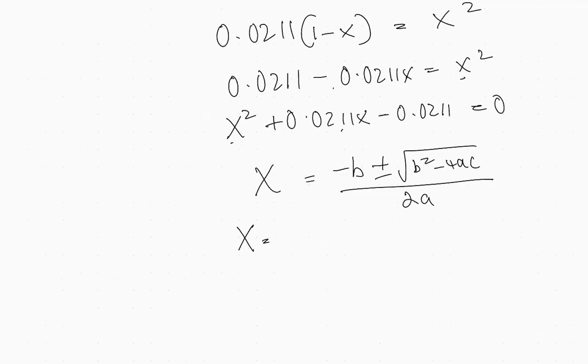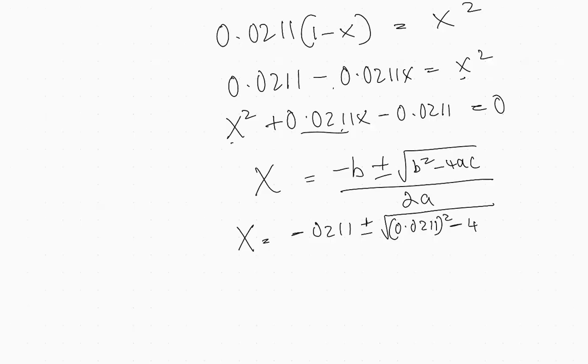So minus 0.0211 because that's the b, right? This was plus minus, so you put it. If it was minus, they become positive. Then plus minus square root again 0.0211. I'm doing this in case you have forgotten how to do these things. Then minus 4.